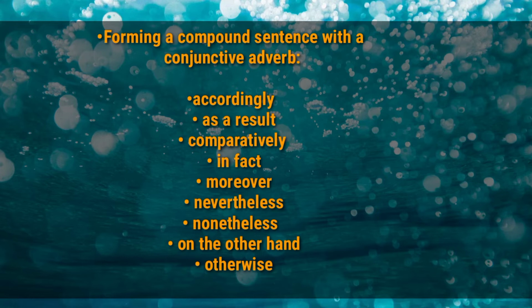While coordinating conjunctions can be used to join words, phrases, or independent clauses, conjunctive adverbs can only be used to join independent clauses. Conjunctive adverbs are used to indicate a specific relationship between the 2 independent clauses.